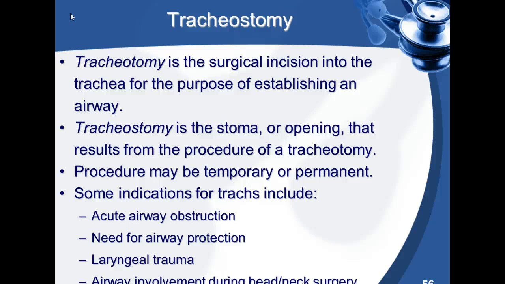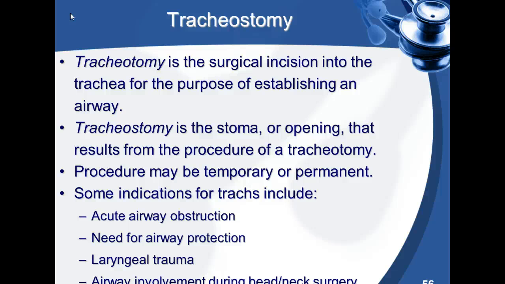The tracheotomy is the actual incision, and the tracheostomy is the actual stoma once they've performed the procedure of a tracheotomy. So the tracheotomy is like the actual procedure. And based on when they do it, it may be temporary or it may be permanent.